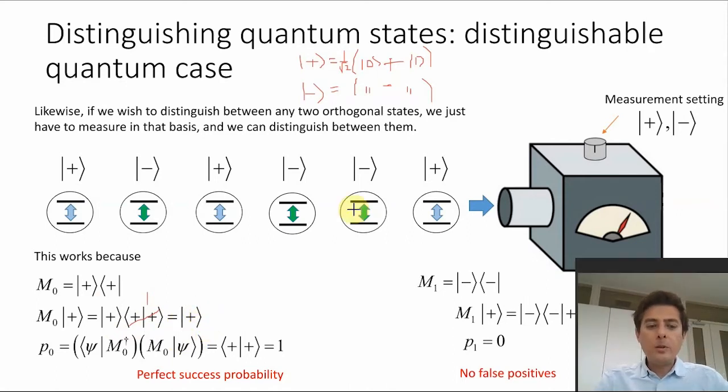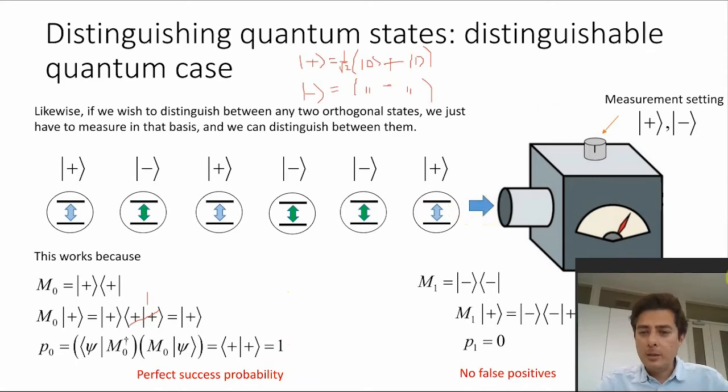We can find the probability of getting this outcome by taking the inner product of the result of this calculation, m0 times psi, with itself. This becomes the inner product of plus with plus, which is equal to 1. So with 100% probability, you find the outcome is plus if the state is plus.